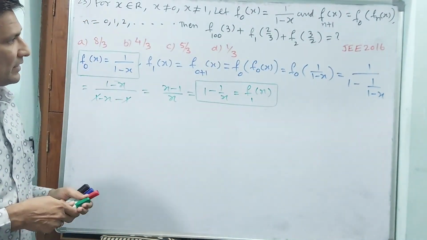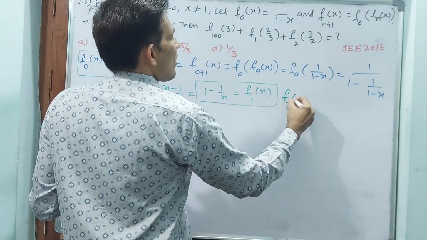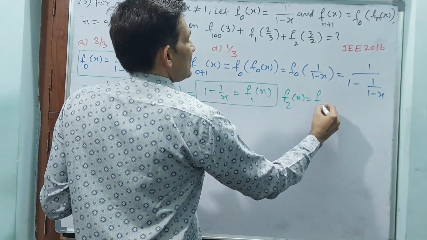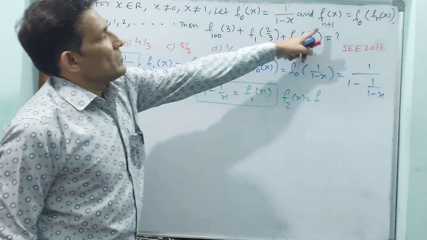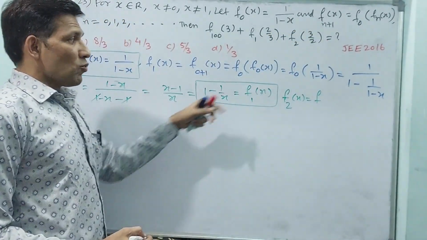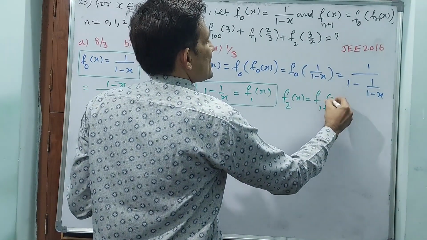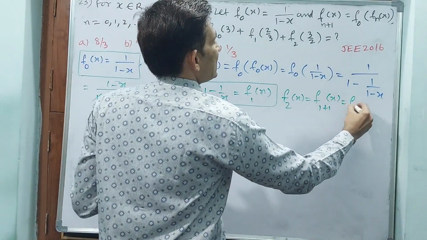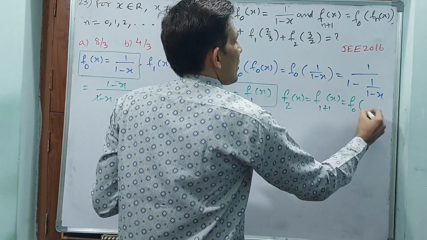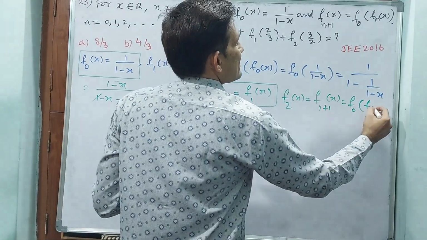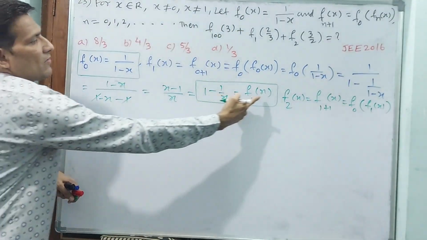Let us proceed then. Okay, see how I am writing. f2 of x is equal to, okay, see, f2 you require, but I will write f1 plus 1 of x, that is equal to f0 of f1 of x, but f1 of x you have here.